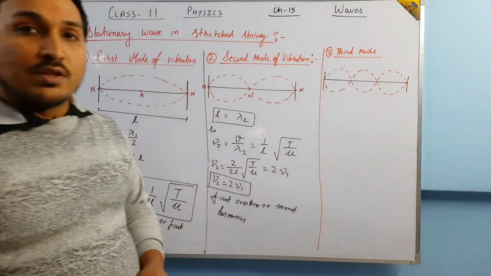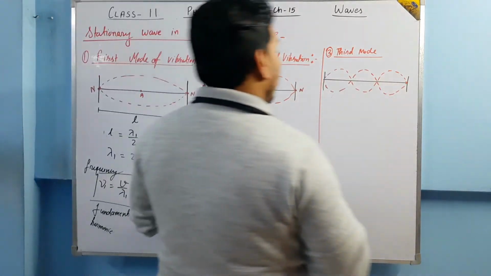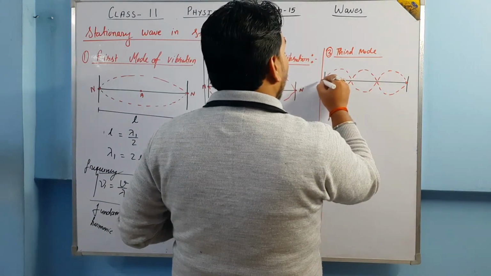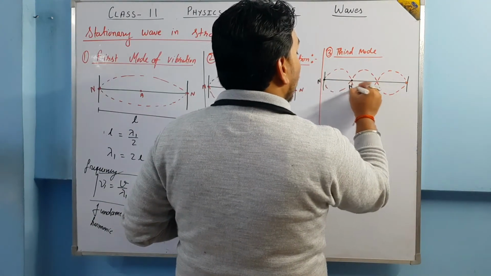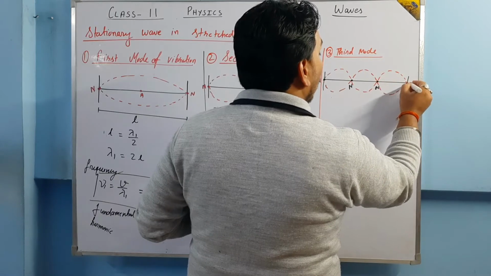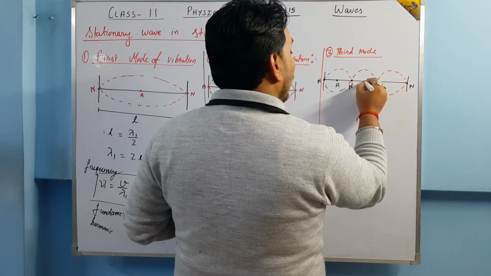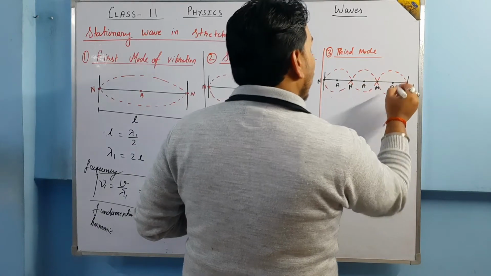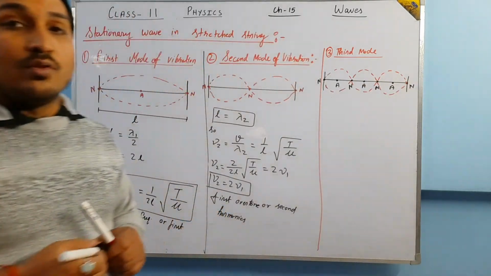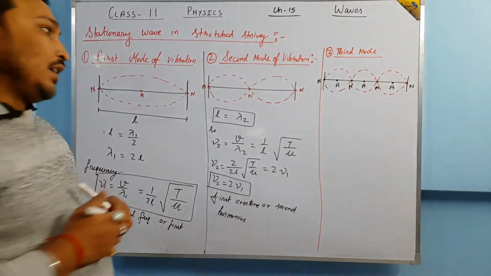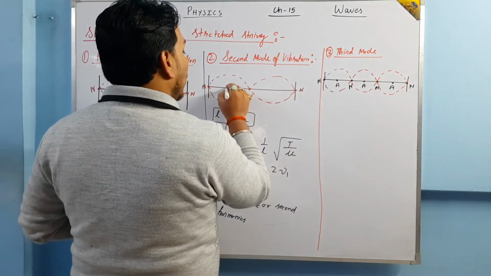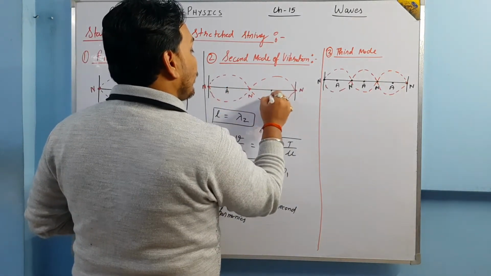And how many nodes are being formed? Just see. One node, another one, another one, another one. 4 nodes, one antinode, second antinode, third antinode. 3 antinodes and 4 nodes. In the previous one, 3 nodes, 2 antinodes.